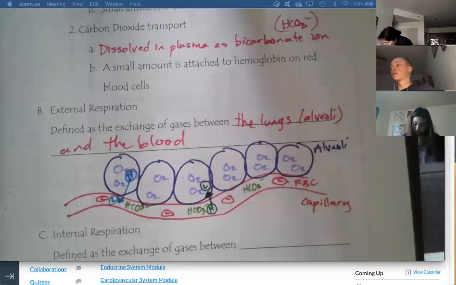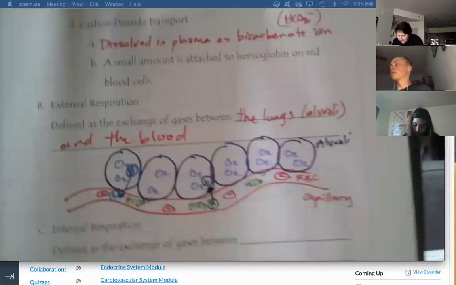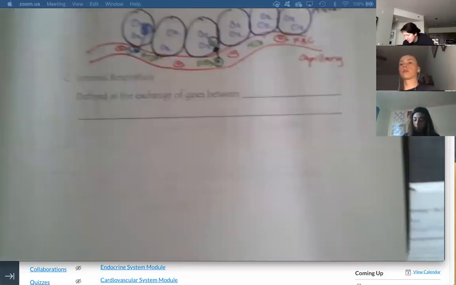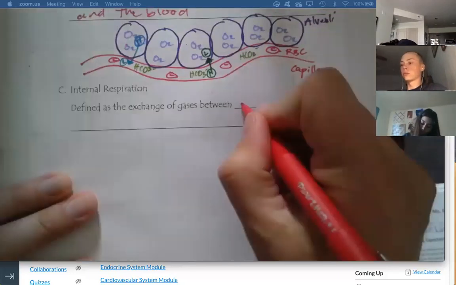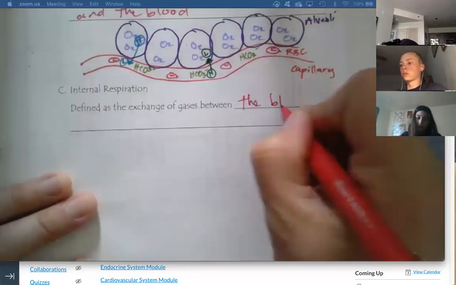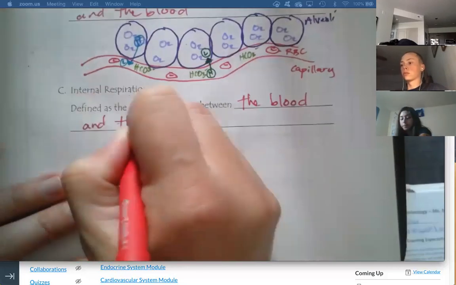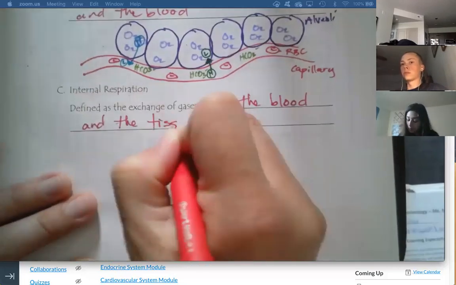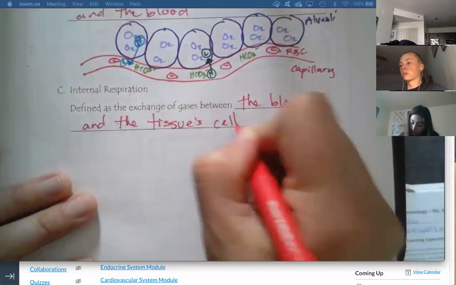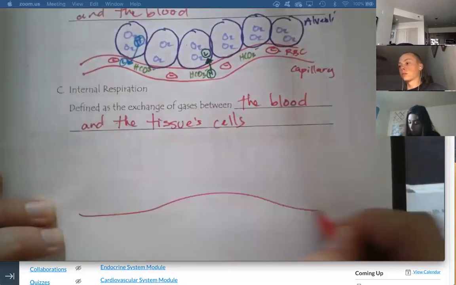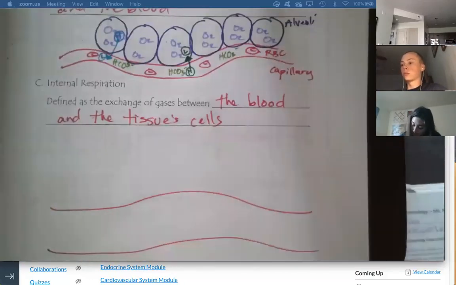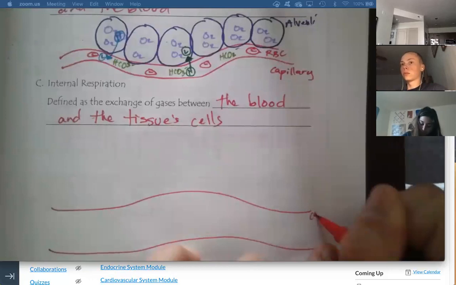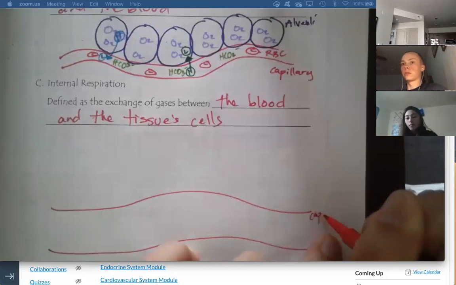Okay. Internal respiration happens at the cellular level. So this is the exchange between the blood and the tissue cells. So let's get our capillary drawn here. You see what I'm drawing? We're going to have our red blood cells.